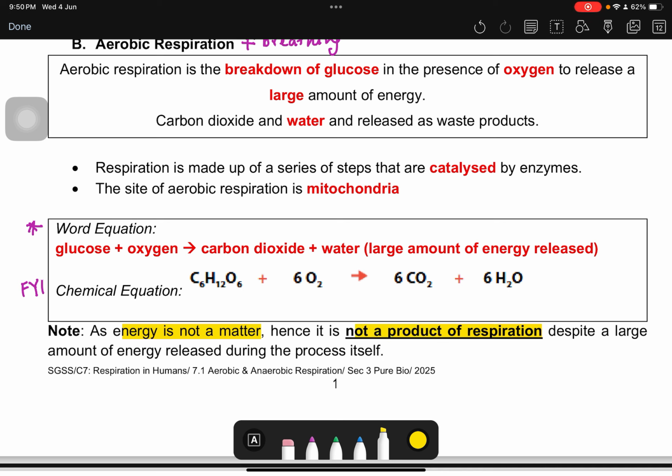Instead, there are two ways to show that energy is released in the process of aerobic respiration. One is to put it in a form of the bracket at the end of the equation to indicate that energy is being released.